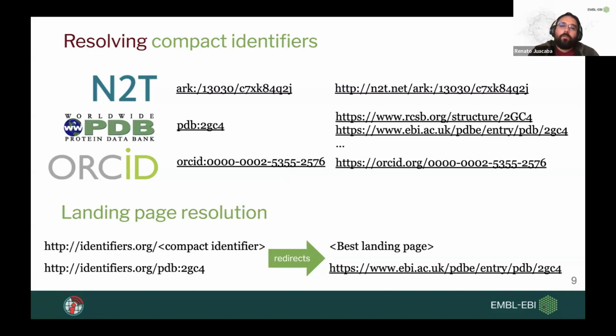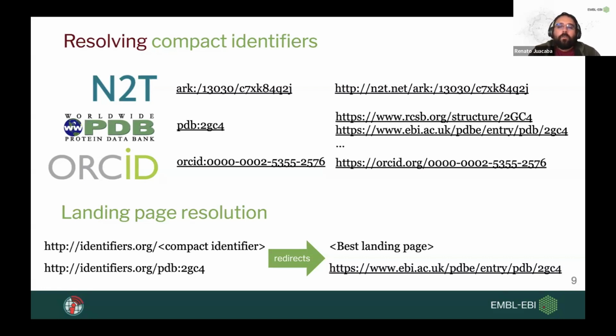So you have PDB, for example, which is the Protein Data Bank. And PDB has its own ID scheme. And using the PDB prefix and the specific ID of the data, you can resolve to the URL of that specific structure. And in this case, there is more than one actual URL for it, given the different data providers of that structure.